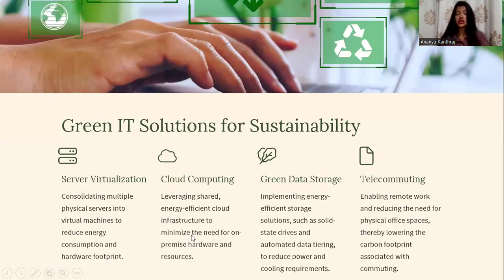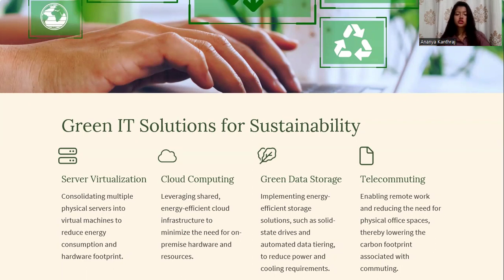So, what can be the green IT solutions for sustainability, in order to address the depletion of a lot of resources? First comes server virtualization. Server virtualization is consolidating multiple physical servers into virtual machines to reduce energy consumption and hardware footprint.